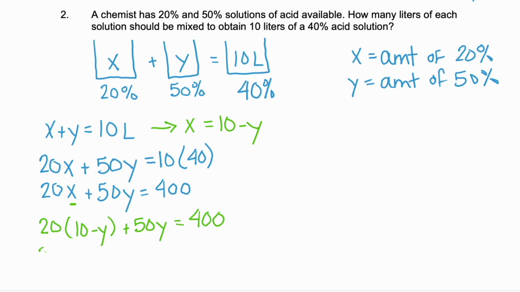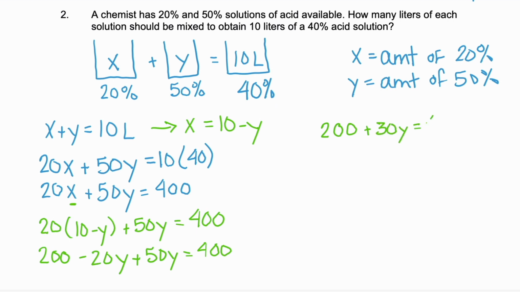Distribute that 20 to get 200 minus 20y plus 50y equals 400. Now we combine the like terms on the left-hand side, and we have 200 plus 30y equals 400.